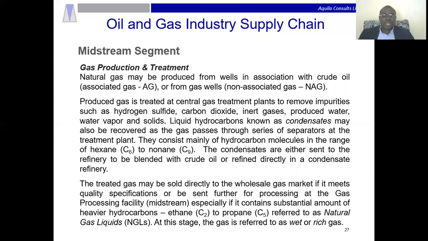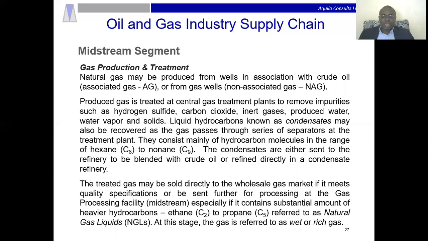This treatment's aim is to remove impurities such as hydrogen sulfide, which we mentioned earlier, carbon dioxide, inert gases, produced water, water vapor, and solids. Now, we're assuming this is a non-associated gas well that we are producing from. You can obtain liquid hydrocarbons known as condensates as the gas is passed through a series of separators.